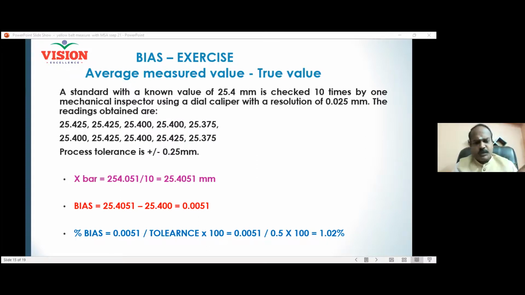He also spoke about one more thing, linearity. What is linearity? I use the same gauge for measuring 10 mm and also for measuring 100 mm. I use the same ammeter for measuring 10 ampere and also 100 ampere.